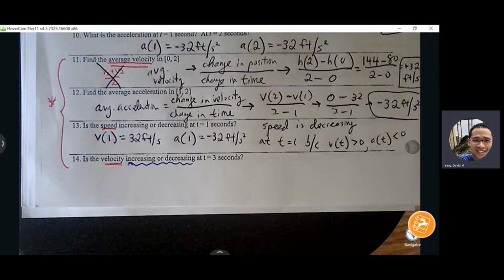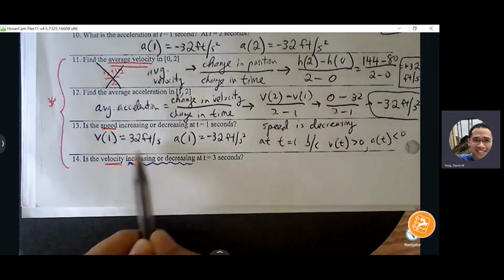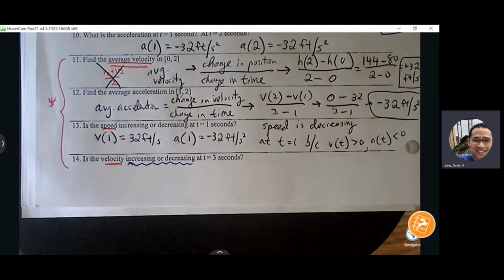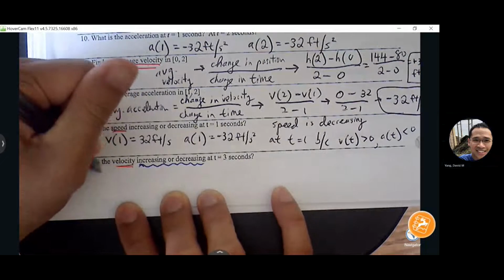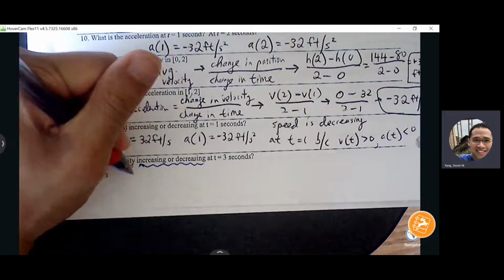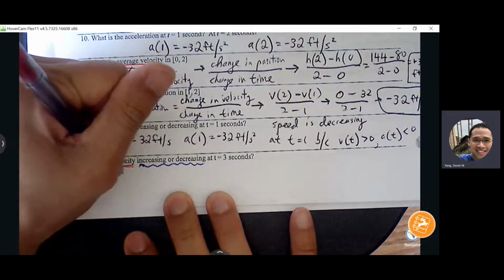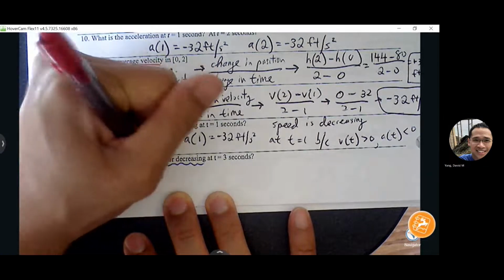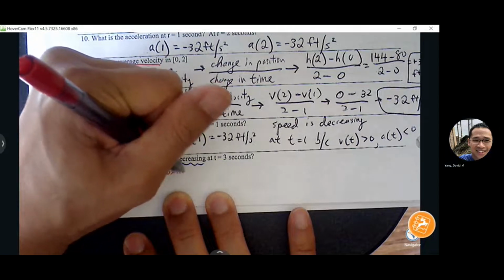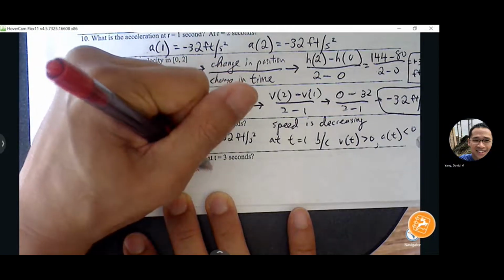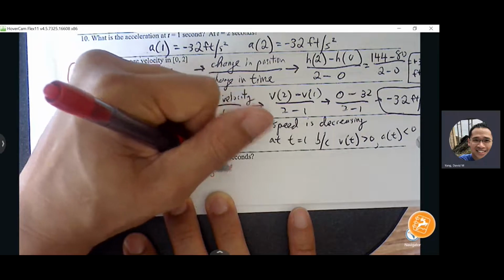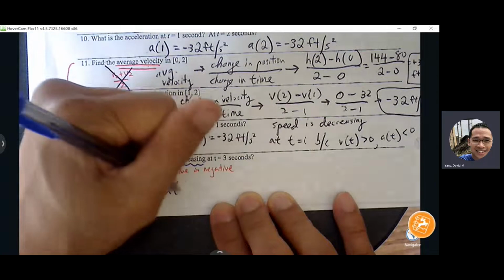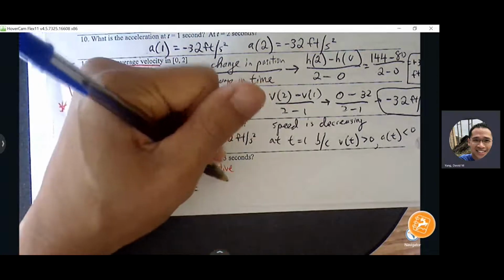Acceleration. This is talking about the rate of change of velocity, which is really acceleration. So the way that we could rephrase this to make it easier to understand is to say, is the acceleration positive or negative? And that becomes a very easy problem because we just look at acceleration at 3 seconds. Acceleration is negative.